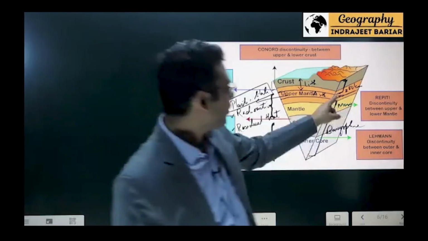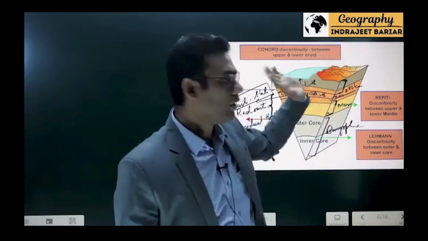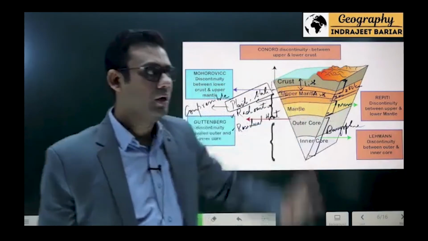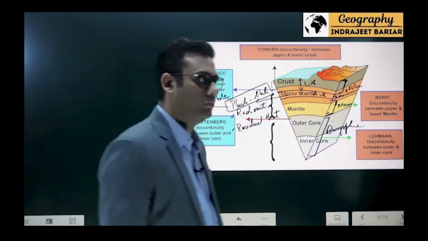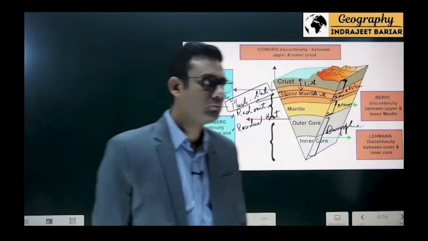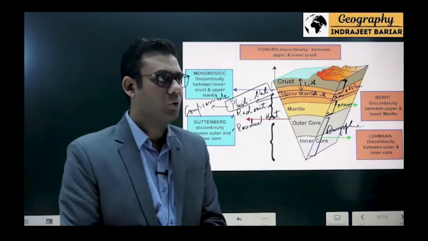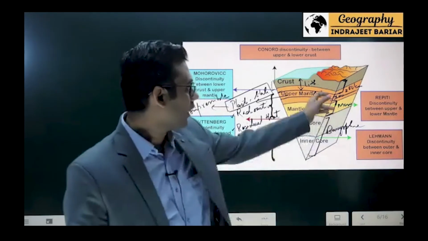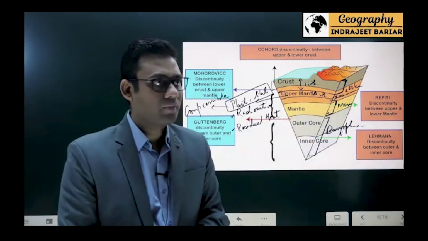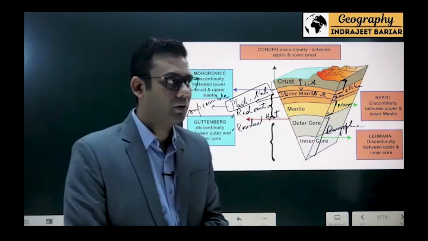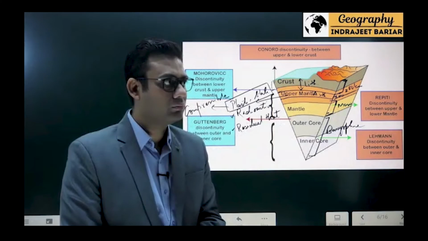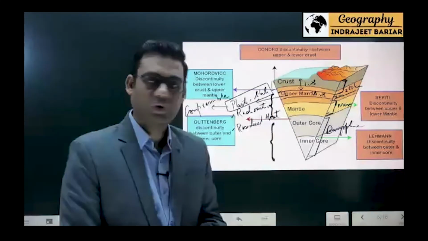So definitely some part of upper mantle is also included under lithosphere. Asthenosphere extends through which layer? Only upper mantle. In the diagram I can see asthenosphere lies completely within upper mantle. Correct, got it?